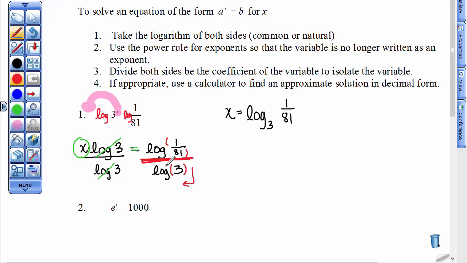I forgot to do that, so I'll do it real quick. The log of 1 divided by 81, divided by the log of 3, and I get an answer of x equals negative 4. Of course x is equal to negative 4, because 3 would have to be raised to the negative 4 power to get 1 over 3 to the 4th, which is 1 over 81.